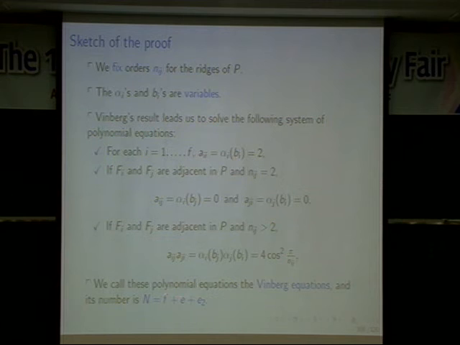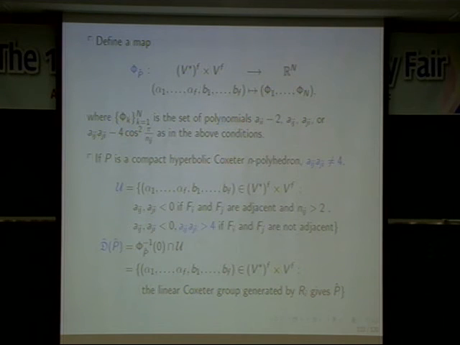Then we can check that this number is this one, and so we can make the following map, and then we can define U satisfying the following conditions.